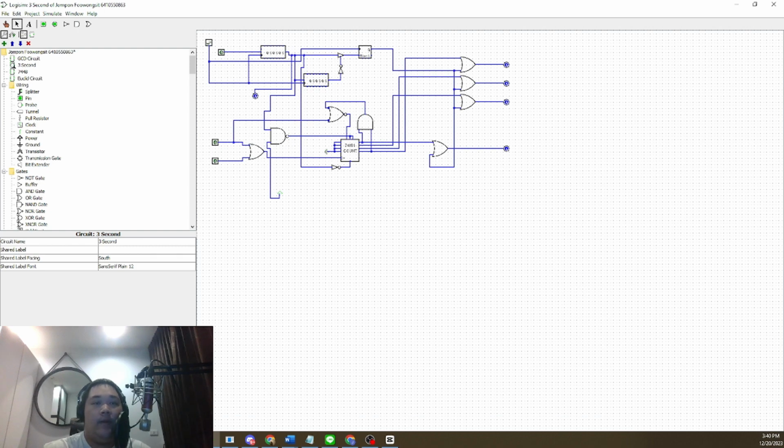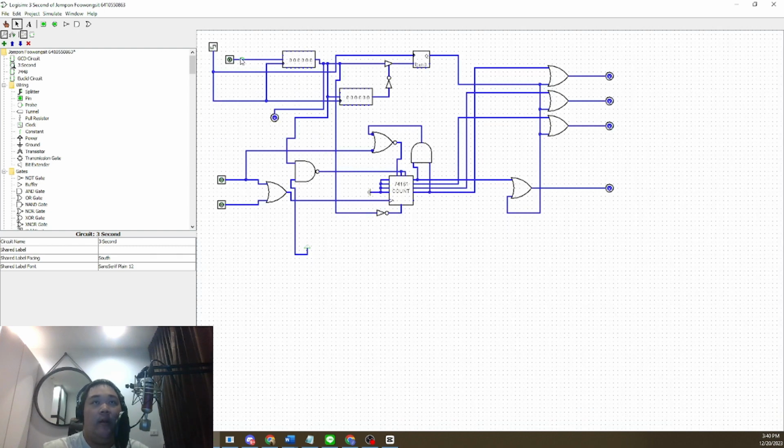So let me explain more. If we start to operate, we have the shift register, and we are shifting. I don't want the circuit to think that this means adding more numbers. We just want to bring out the 3 seconds only.